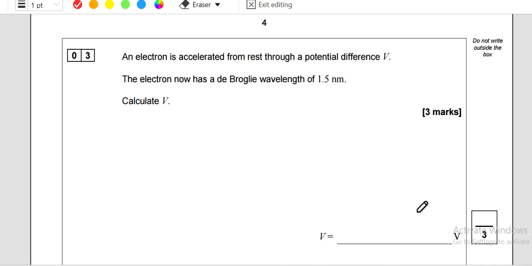We know for an electron that is accelerated under some potential difference, the kinetic energy of it is equal to eV, and the kinetic energy is equal to p squared over 2m.